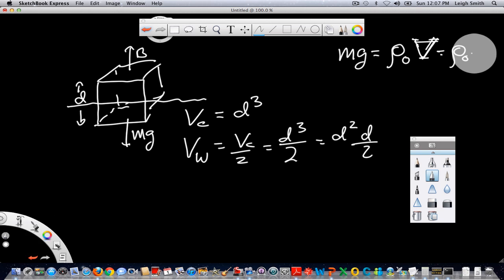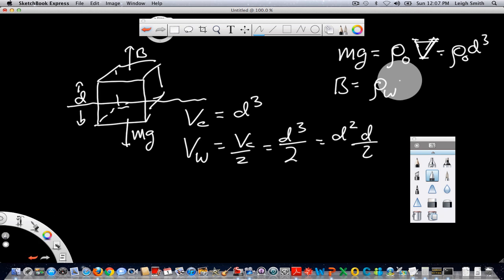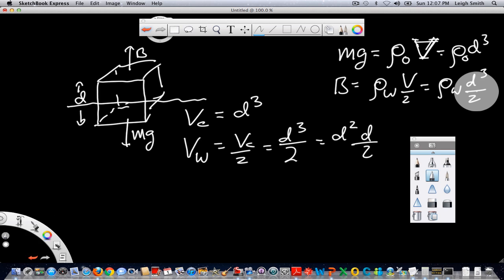So it's the density of the object times d cubed. On the other hand, the buoyancy force, which is the weight of the water displaced, is rho of the water times half the volume, which is rho of the water d cubed over 2.